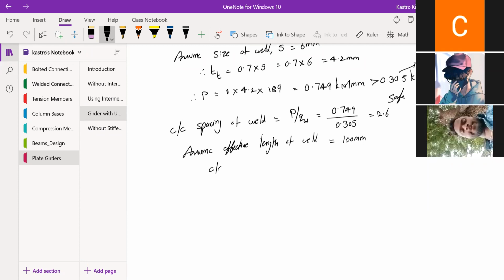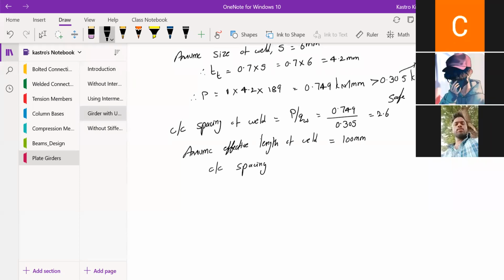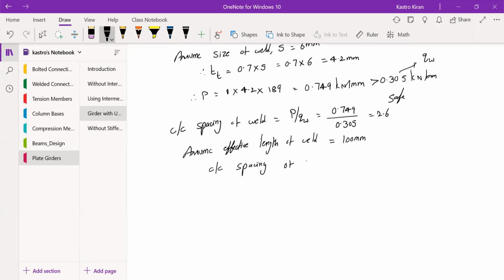So therefore, center to center spacing of weld equals to 2.6 times of 100. So 2.6 is coming from here and 100 is coming from here. So that will give you 260 mm.